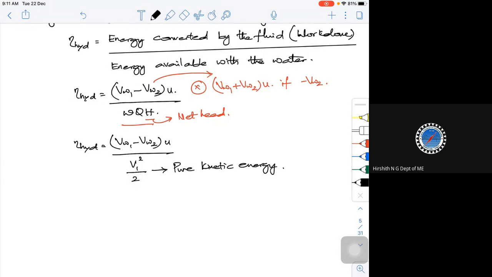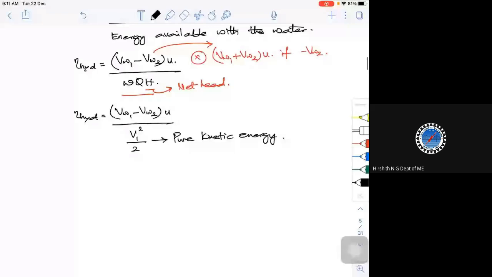The second efficiency is your volumetric efficiency. What is this volumetric efficiency?